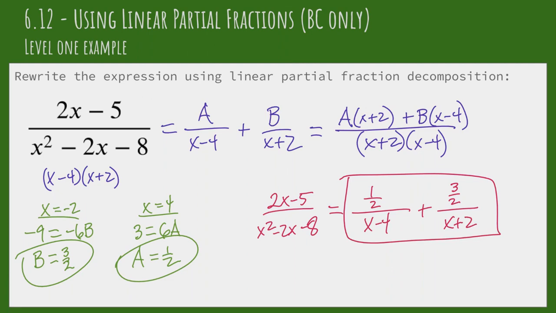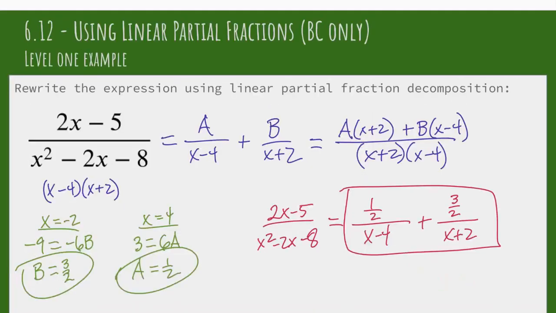You could, if you wanted to, for example, write this as 1 over 2 times the quantity x minus 4 plus 3 over 2 times the quantity x plus 2. Then it's not a complex fraction. You don't need to do that. In fact, for the calculus we're going to do with these, it's actually easier if we just leave the fraction in the numerator like this. And we will be moving on and doing more from there. So we don't have to worry about the ugliness of those answers.